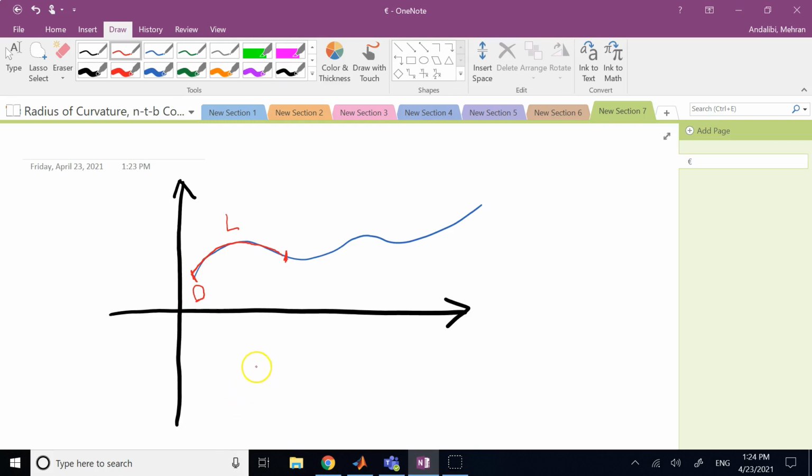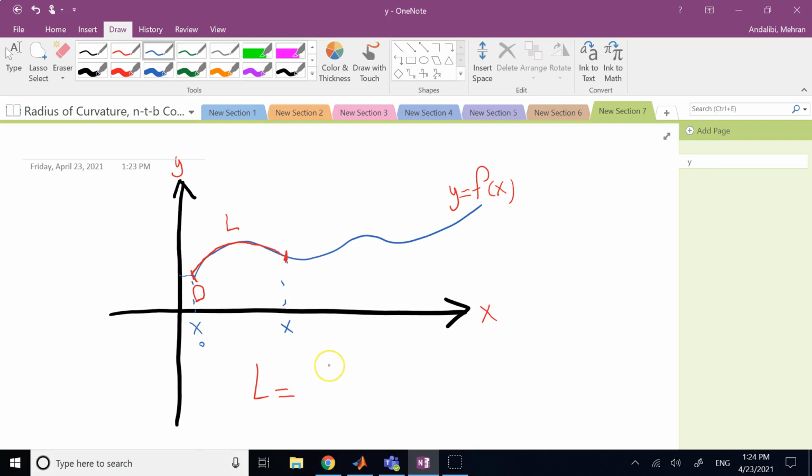And how would you calculate L if I have a specific function, like y equals f of x, and you are moving from a point with coordinates x naught and y naught to another point where x is just arbitrary?